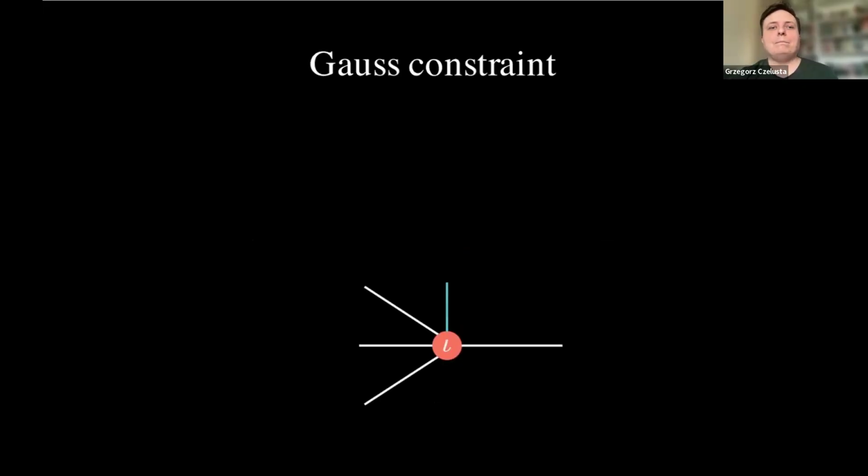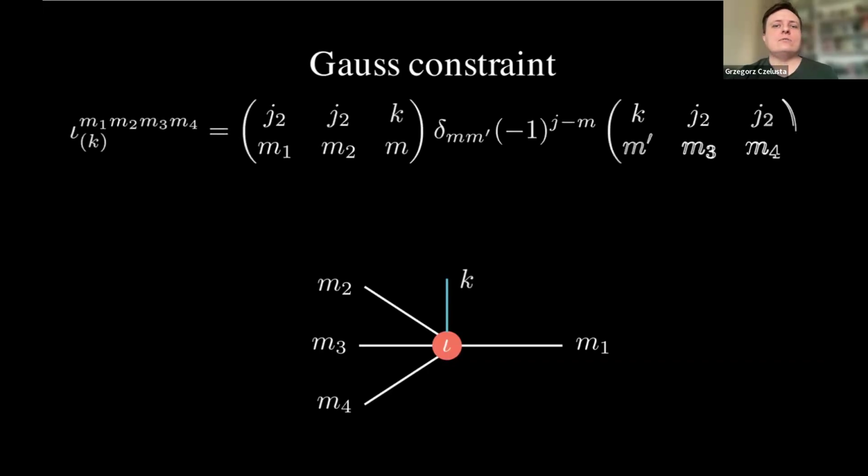So each vertex can be viewed as a tensor with 4 indices associated with the incident links and 1 internal index corresponding to the invariant degree of freedom, inner degree of freedom of the node, let's say. And this tensor is called the Wigner 4J symbol.